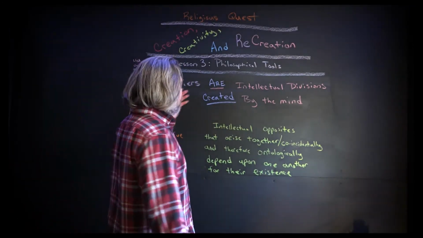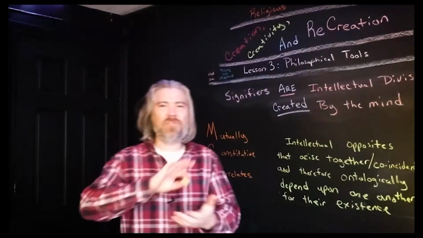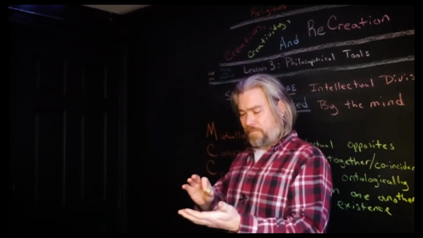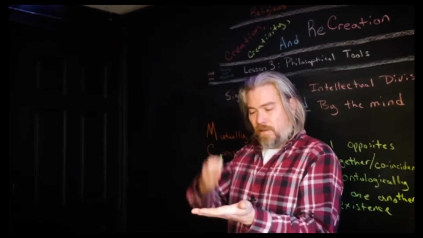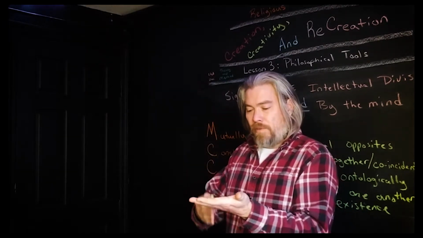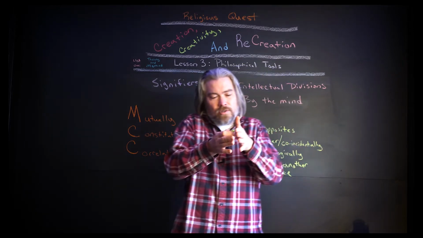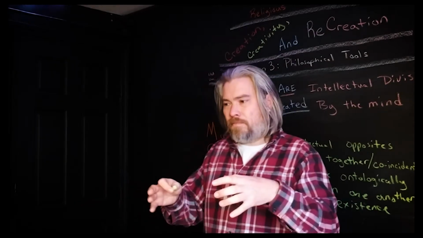They are intellectual divisions. Think about it. Anytime you divide something, if you have something and you divide it or you cut it, then you're dividing it into two, right? And when you divide it into two things, then there are two things.